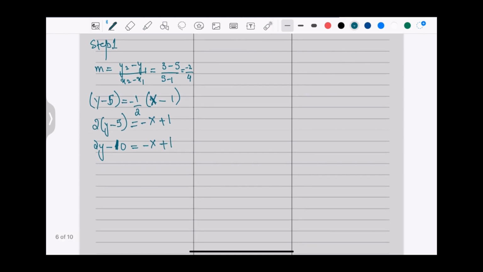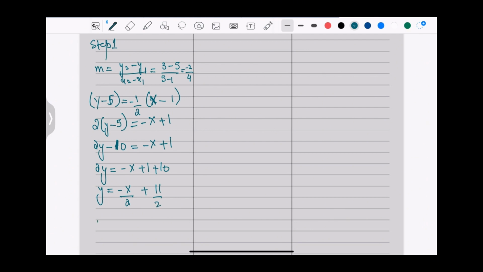Since you have to find the equation, 2y equals negative X plus 1 plus 10, and y equals negative X over 2 plus 11 over 2.